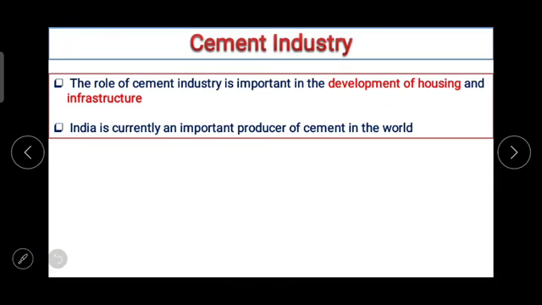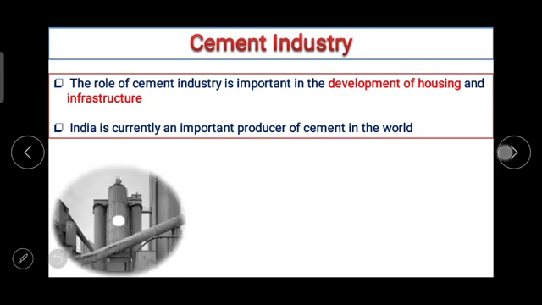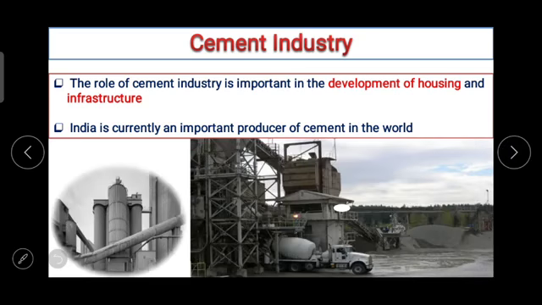Next thing, cement industry, again very important because nowadays people are migrating from rural places to urban places, and due to that the construction business is increasing day by day on a large scale, and in that cement is the required thing without which we can't imagine construction.